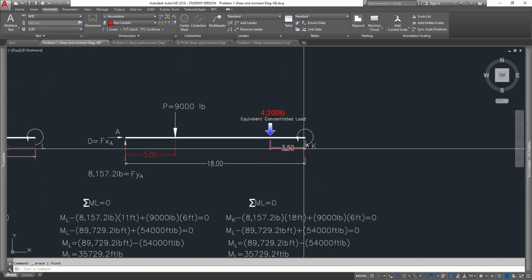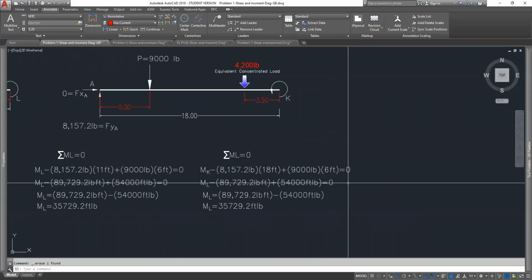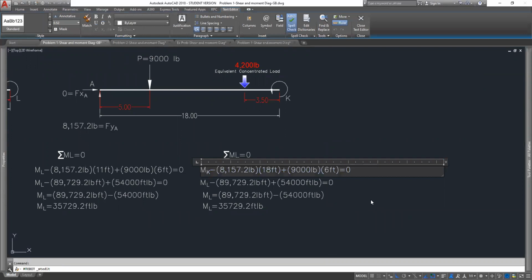For the concentrated load, we know that it is coming in this direction. It's going to be 4,200 pounds. And it is wanting to do what? Go counterclockwise, correct?